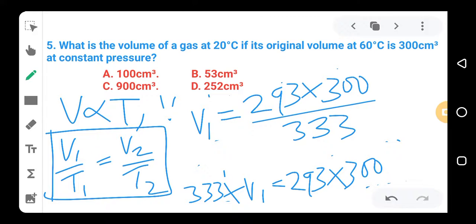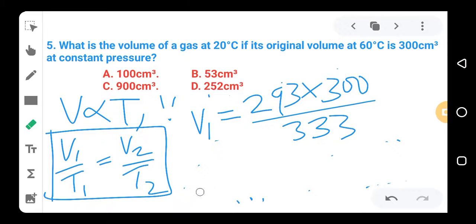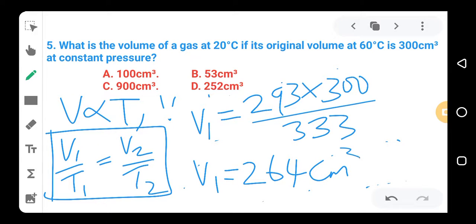Now if we do the calculation, that will give us that V1 is equal to 264 cm cube.